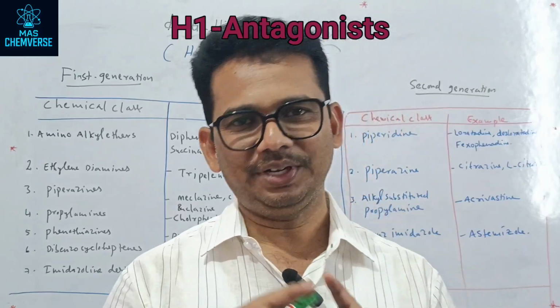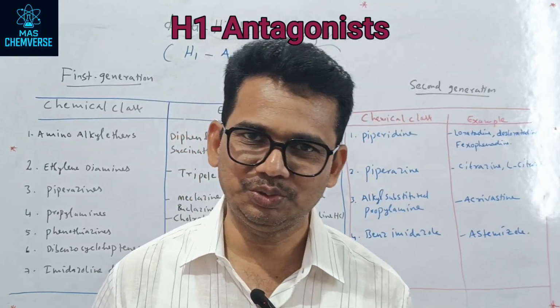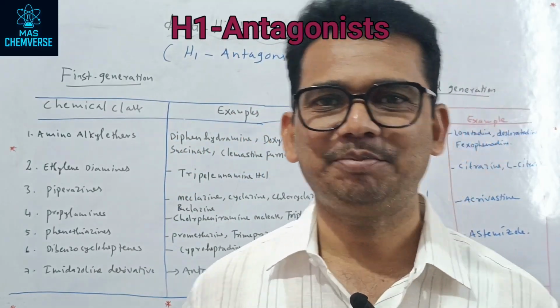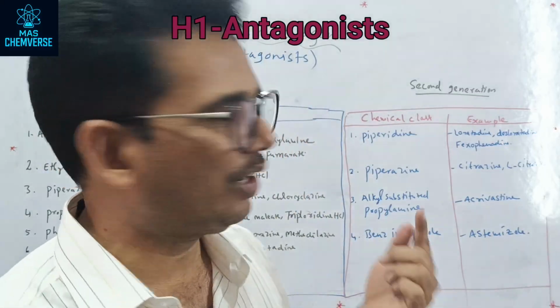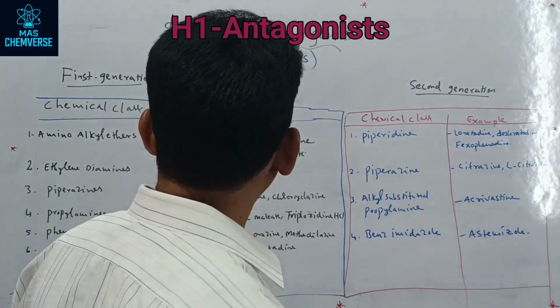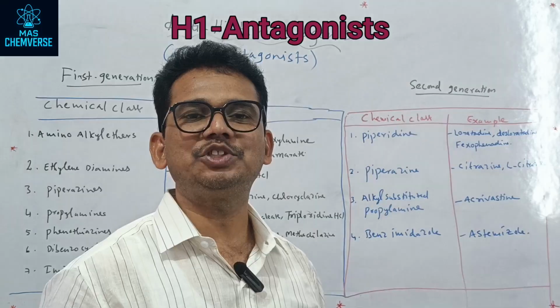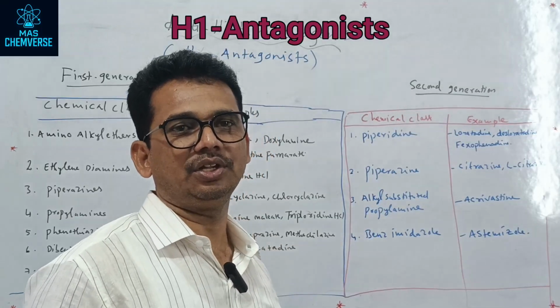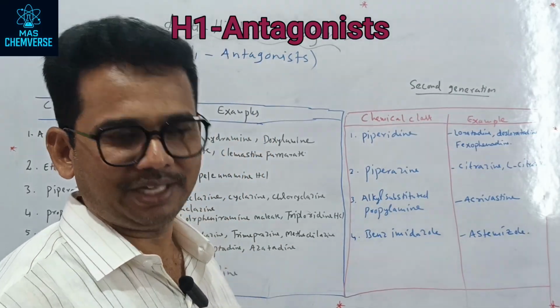It might be through H1, H2, H3, or H4. Now we are going to discuss the H1 antagonist, which shows the antihistaminic action through the H1 receptors.